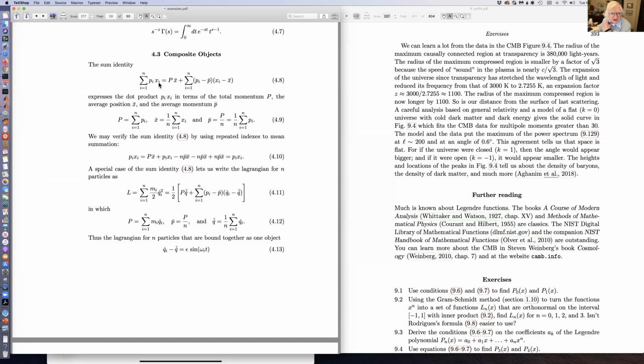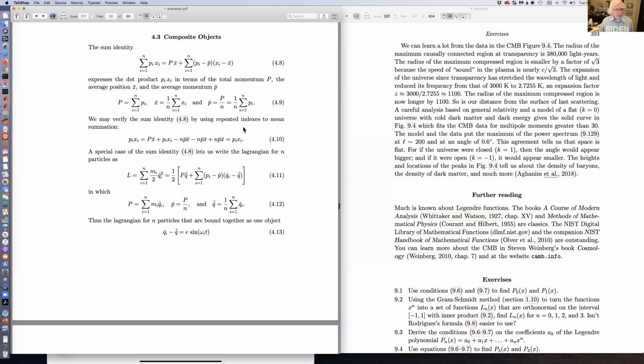The sum of p_i x_i you can rewrite as the total momentum times the average position plus a sum over the individual molecules or atoms, or equivalently the individual quarks and leptons and gluons, with momentum p_i, where p bar is the average momentum, x_i is the position of the ith particle, and x bar is the average position of all the particles, defined like this.